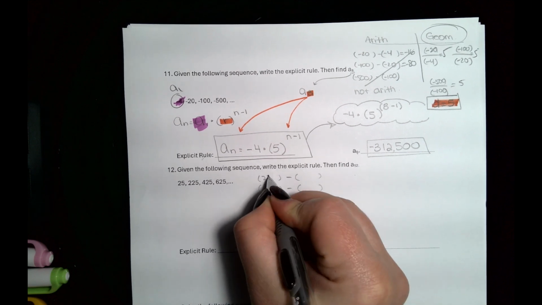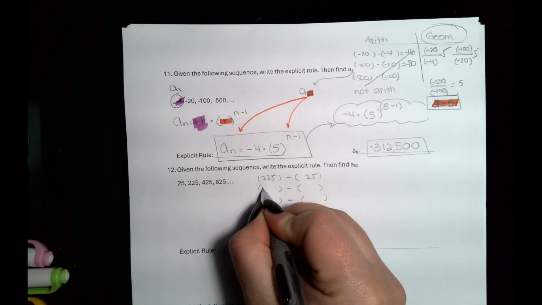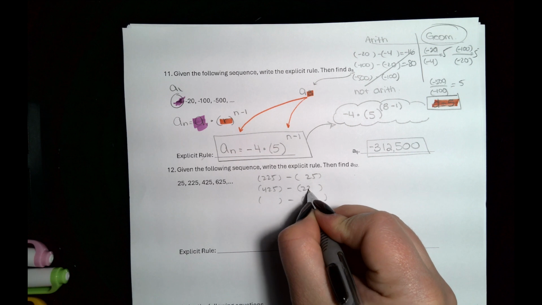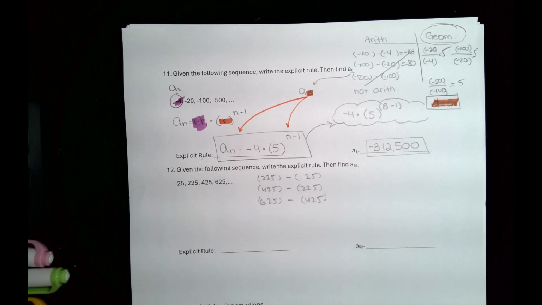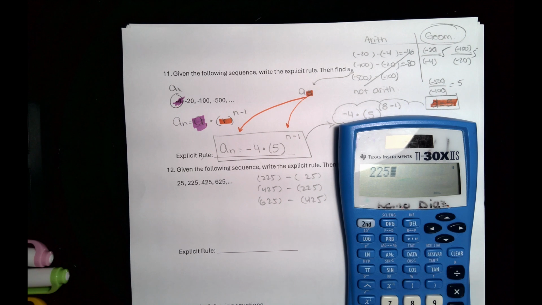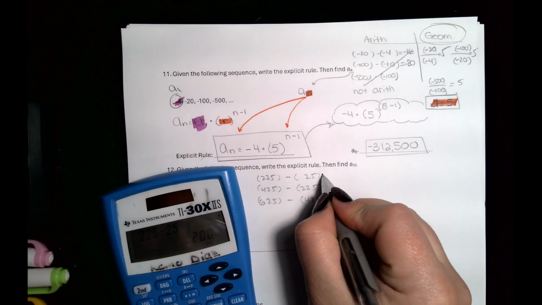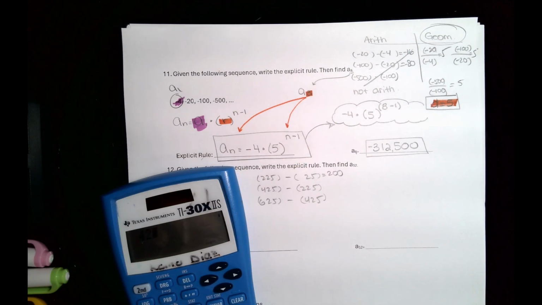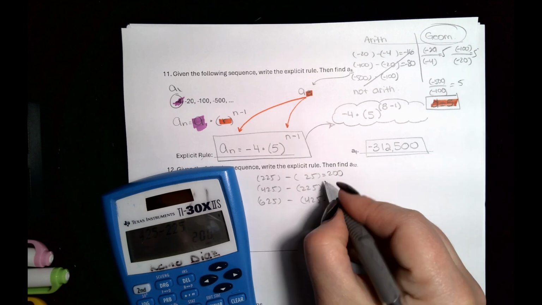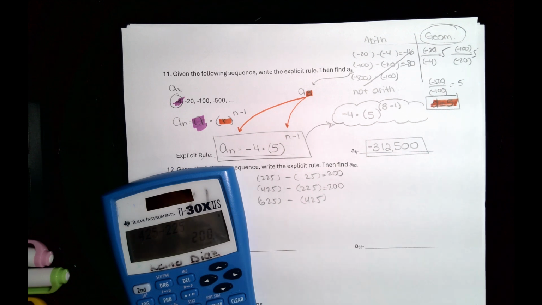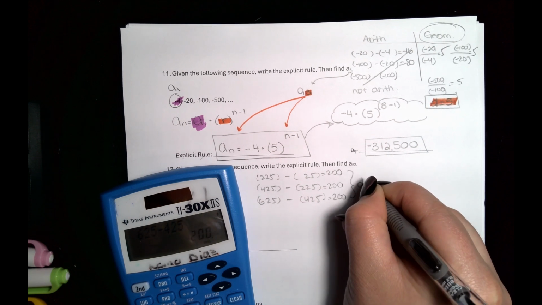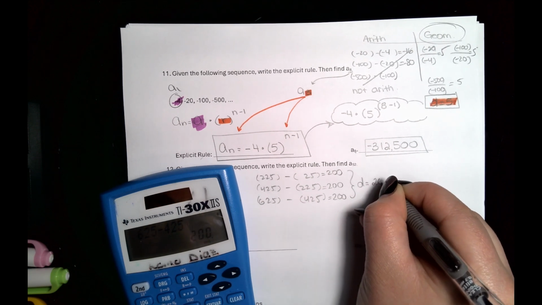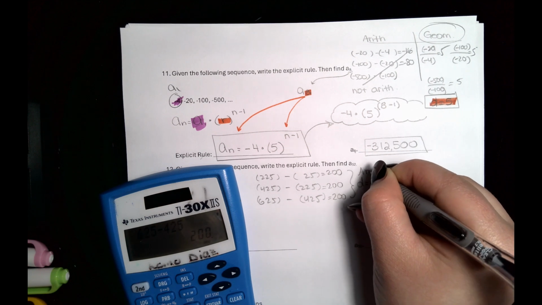Our right minus our left, our right minus our left, and our right minus our left. 225 minus 25, I get 200. 425 minus 225, ooh, I get 200. And if this one works, that means yes, it is arithmetic, and it does. That means we have a common difference of 200. That means this is arithmetic.